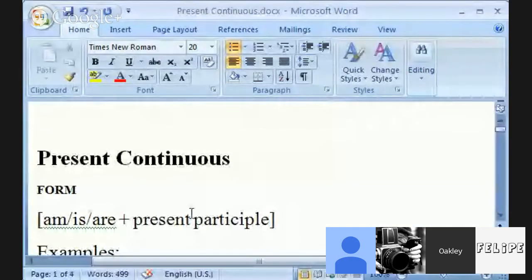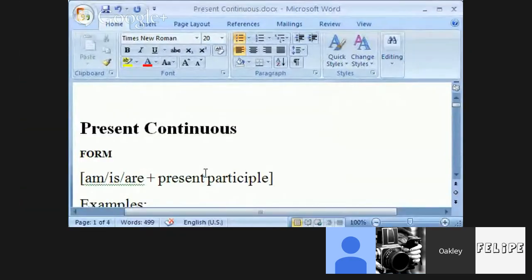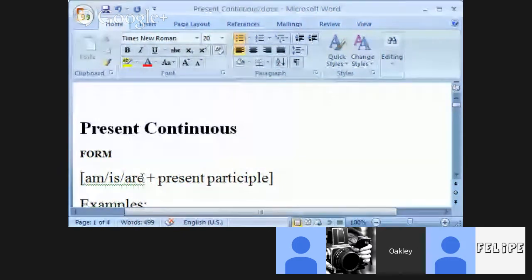We got a lot to talk about. I'm going to do a screen share here with you, and we'll start talking about the present continuous verb tense. First of all, the form. The present continuous verb tense is formed with the verb to be, contingent, of course, on if we're using first, second, or third person.